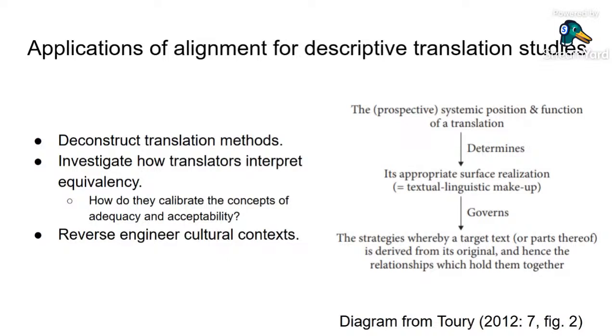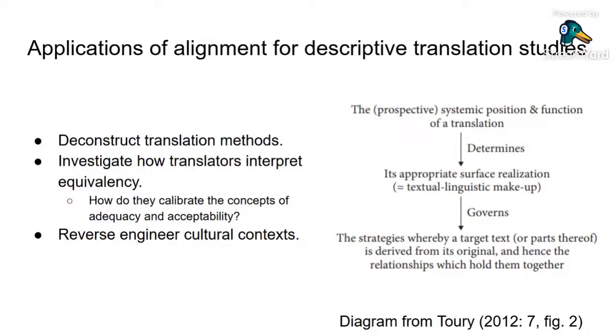For example, are they looking to displace the original text, or are they interested in preserving it and popularizing it? Or is it sometimes a mixture of both? Furthermore, this information can aid us in identifying cultural equivalents, or words that share the same cultural function between languages, which can be used in turn to reverse engineer cultural contexts.